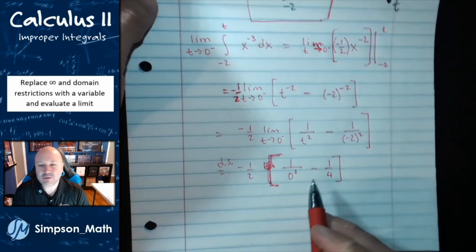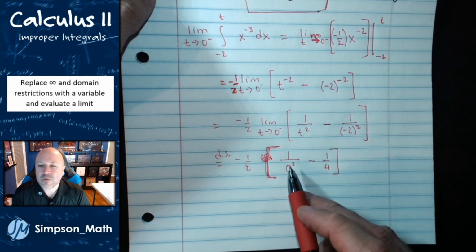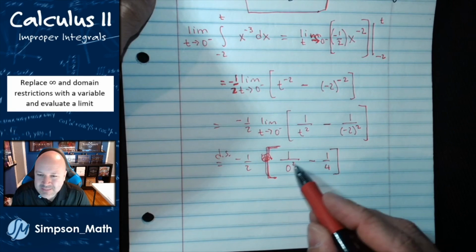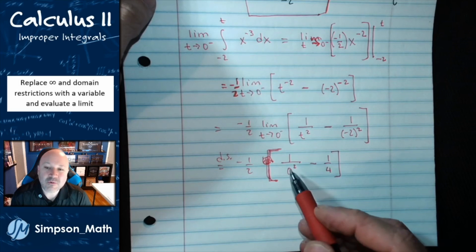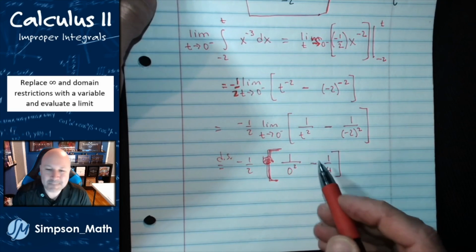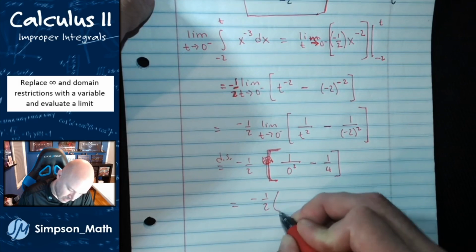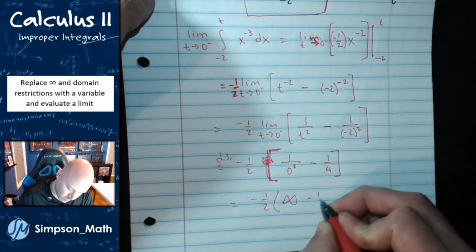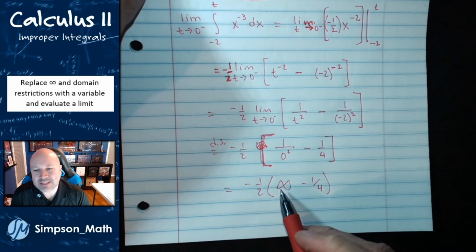Okay, well, 1 over 0 is nonsense, but we're in this limiting process. So 1 over the smallest number, and it's even squared, so it's even smaller than you think it is. The smallest number is actually the biggest number you can think of. One over 0 is basically infinity.